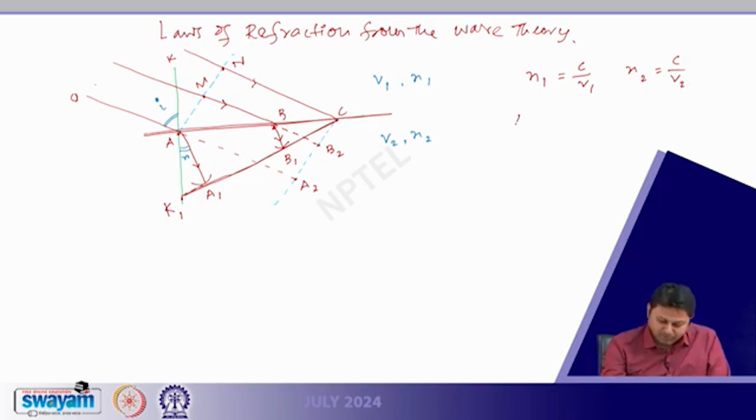So, AA1 will be V2 multiplied by T. This is the time taken for the light to go to AA1, but if there is no boundary, then the light should go A to A2. So, A2 will be V1 into T, that is the light propagating in the original medium, that is N1.